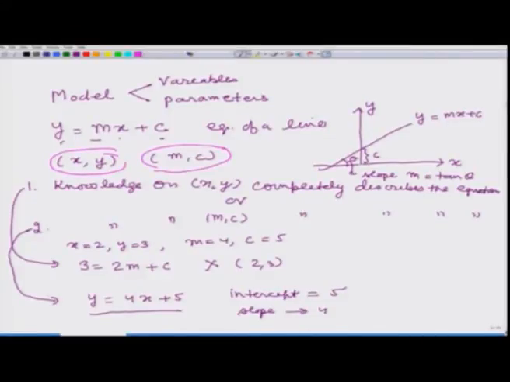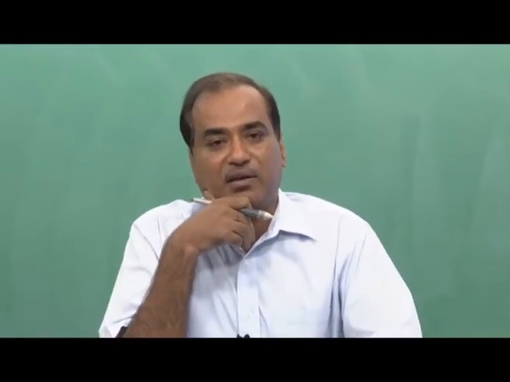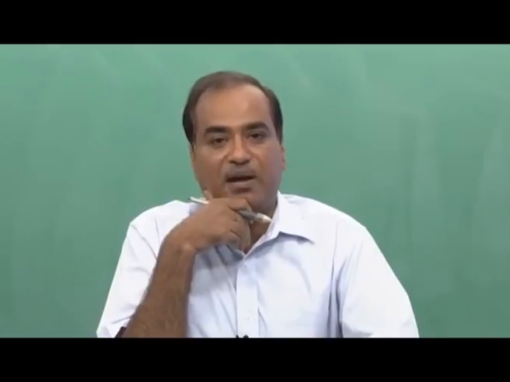We observe that by knowing the values of m and c, I can determine the complete line, whereas just by knowing the values of x and y, I cannot know the entire line. So, in layman's language, I can say that x and y are my variables and m and c are the parameters.